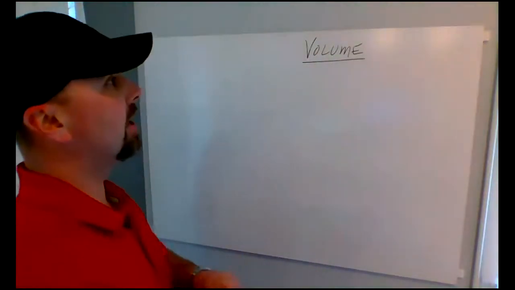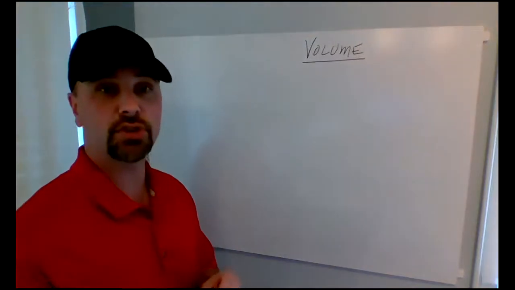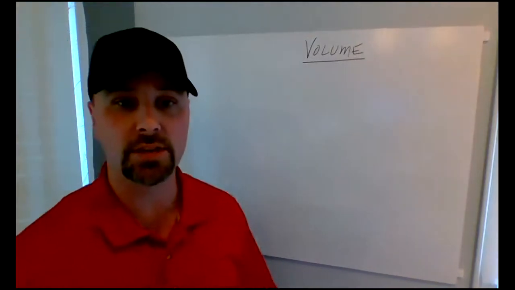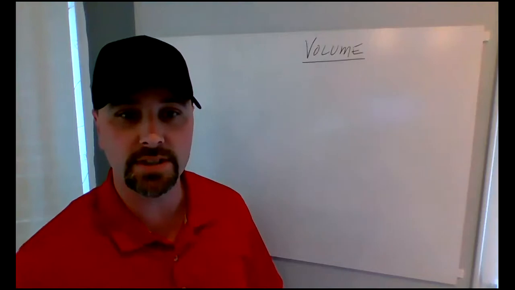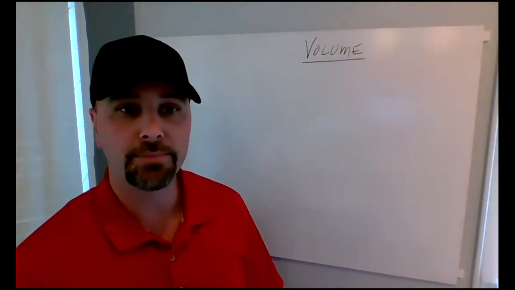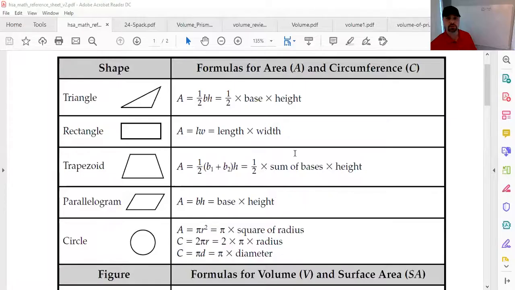We have different shapes, so let me go ahead and share my screen so you can see. On the formula sheet, we were using this top section. Now, this is not the formula sheet from the actual TASC test. I'll find that and pull it up here in a few minutes. This is the one we were using for area.